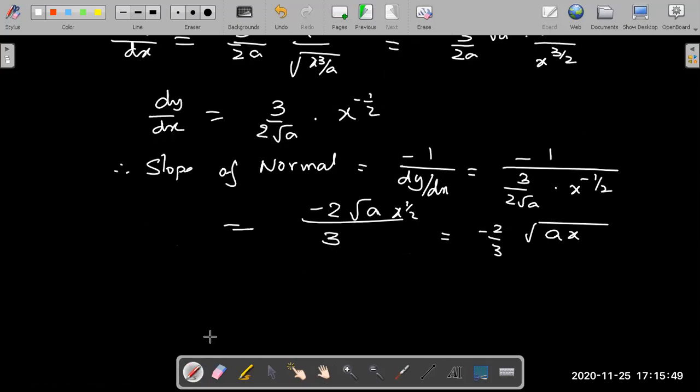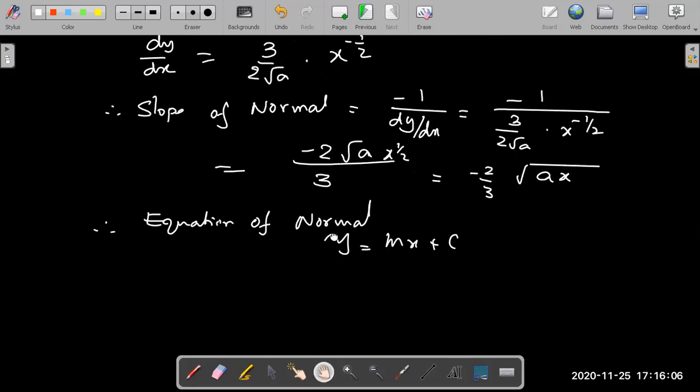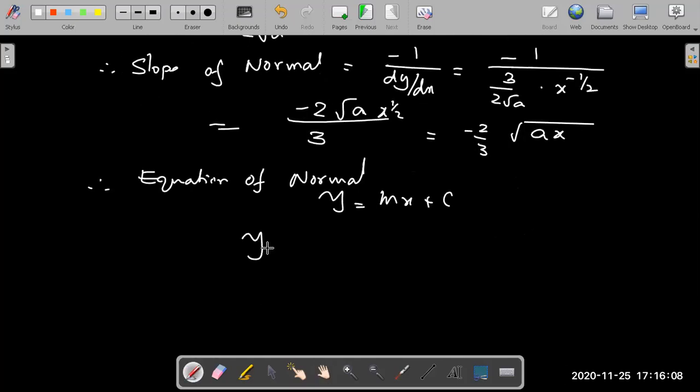We have to get the equation of the normal at this point. So therefore, equation of the normal is y equal to mx plus c, with this slope. So y is equal to m, which is minus 2 by 3 root ax, into x, plus c. We need to get this value of the c.